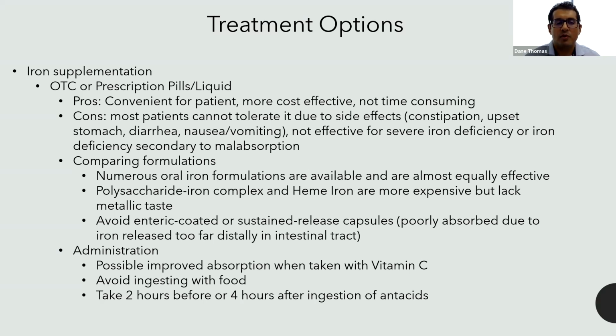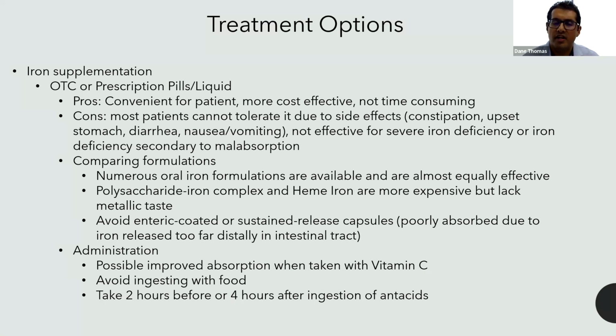As for what we recommend patients do and how to take the iron supplements, we recommend several things. The first one is that we recommend patients take their oral iron supplement with vitamin C, which can possibly improve absorption.